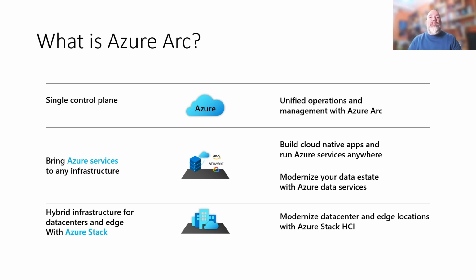It also allows us to implement Azure Platform as a Service services on any infrastructure by deploying those services on Kubernetes clusters, and when used in conjunction with Azure Stack HCI, it offers us a simple way to modernize our on-prem data centers thanks to a strong Azure integration.